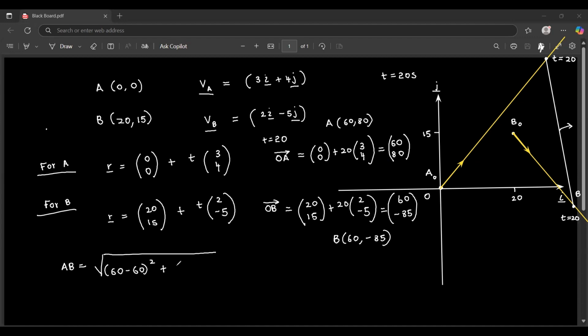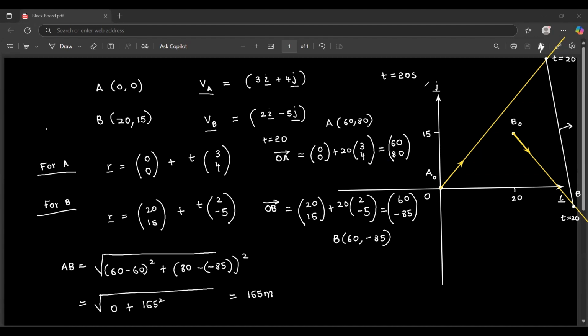So that is equal to the square root of 0 plus (80 plus 85) squared, which is 165 squared. So that is equal to 165 meters.